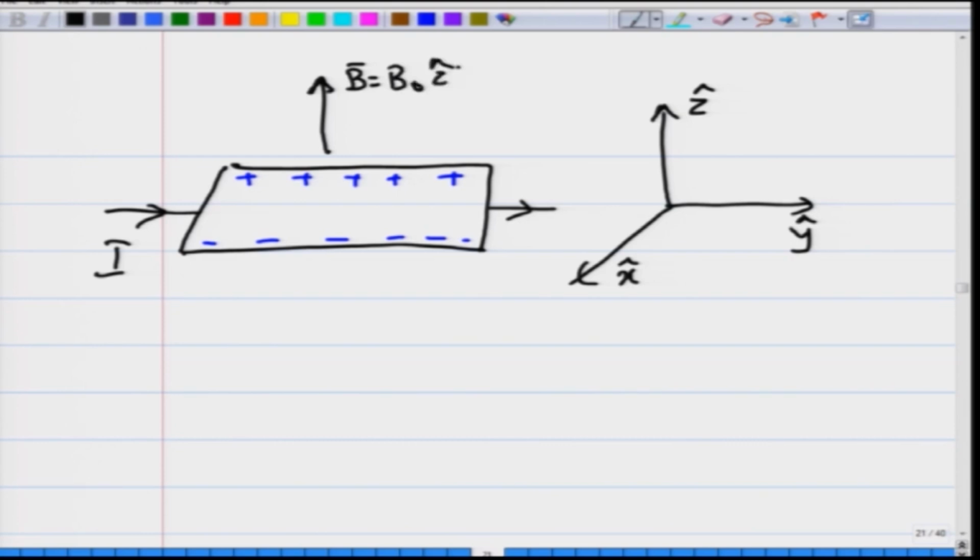The magnetic field was pointing along the z direction. So, we had a magnetic field applied along the z direction, and we know that there is an electric field along the y direction and an electric field along the x direction.